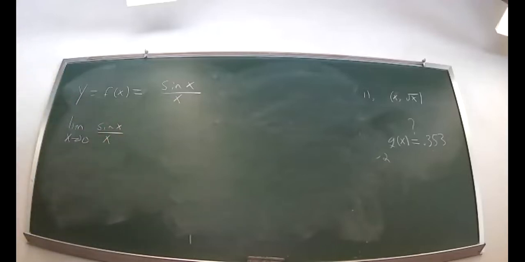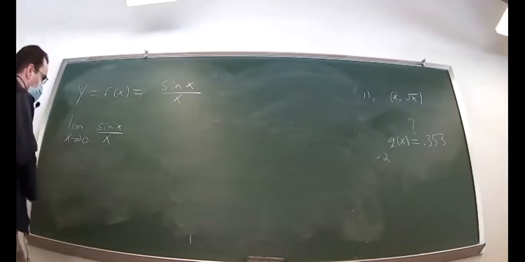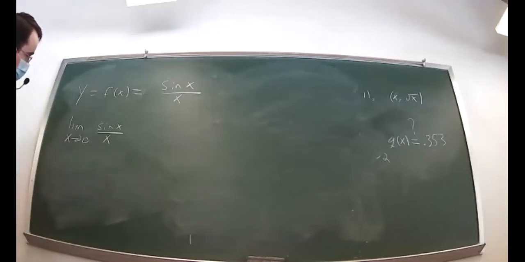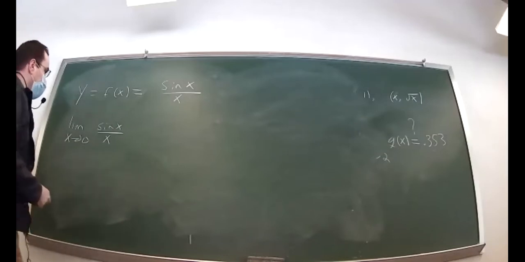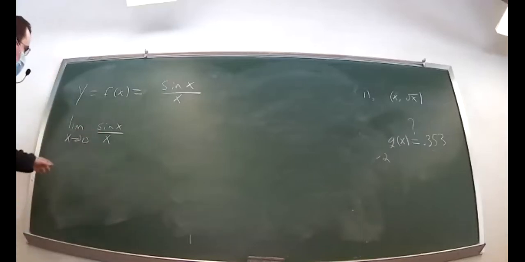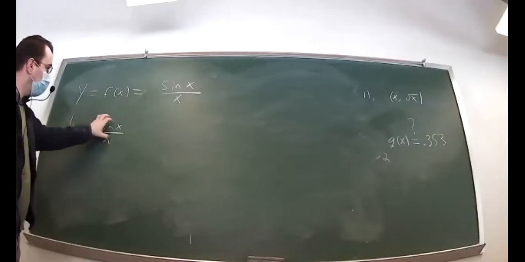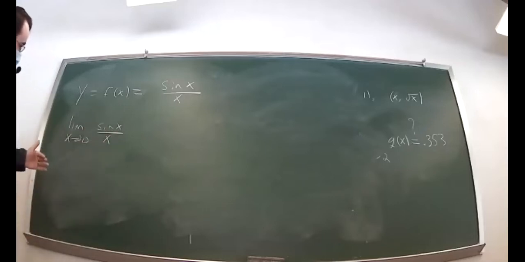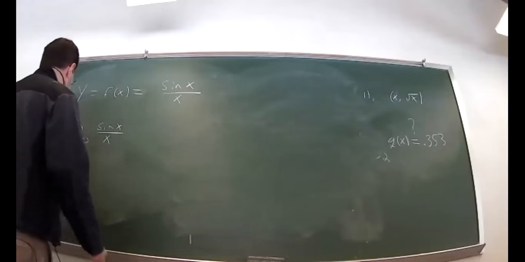So you're not going to be able to do this just by looking at it. You're not going to be able to do this with algebra. But what you can do is you could graph it. You could plug in sine x over x into Desmos. Ask yourself, does it appear like these values of sine x over x are approaching a certain number as x approaches 0?